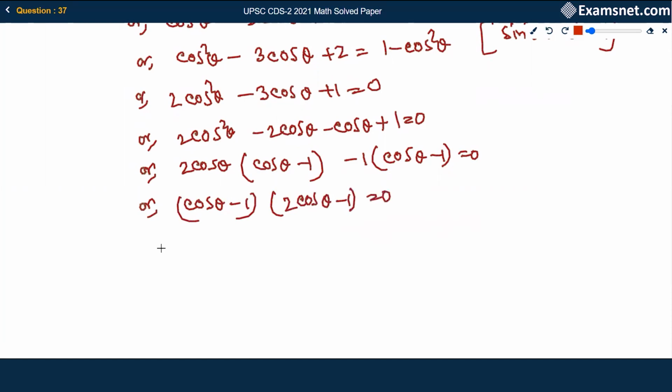That is, either cos theta minus 1 equals 0, or 2 cos theta minus 1 equals 0.